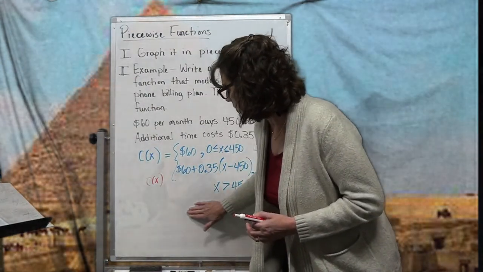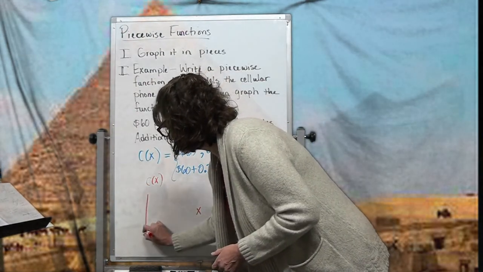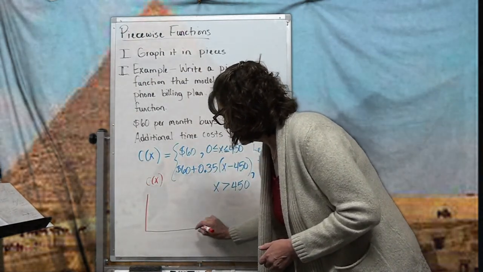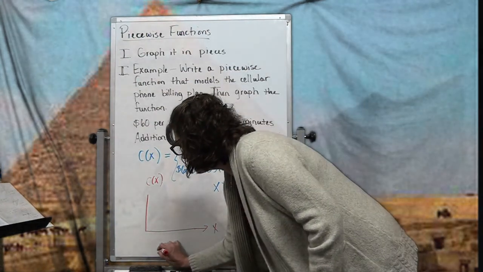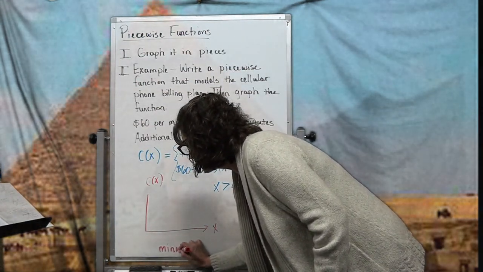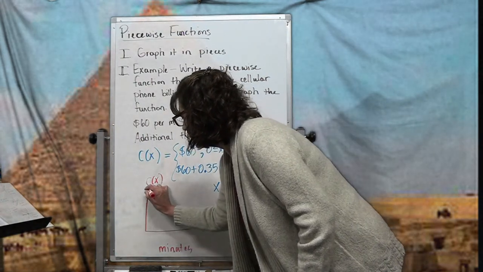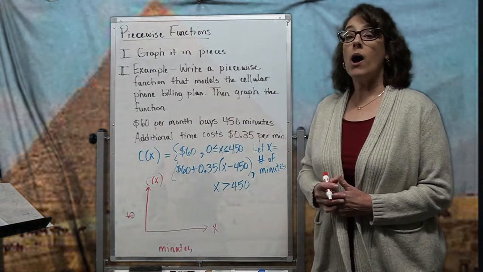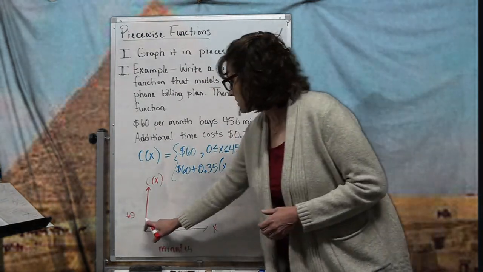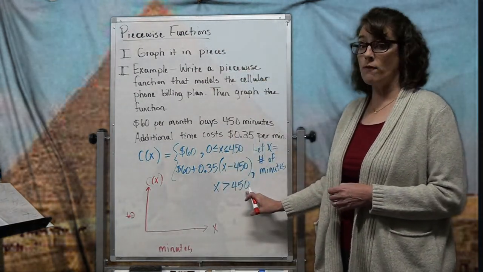So let me make this a little bit bigger so we can see it. Okay. Now once again, x is going to represent my minutes, and up here my C of x is going to represent my dollars. And now I'm going to graph it. My minutes go from 0 to anything beyond 450.